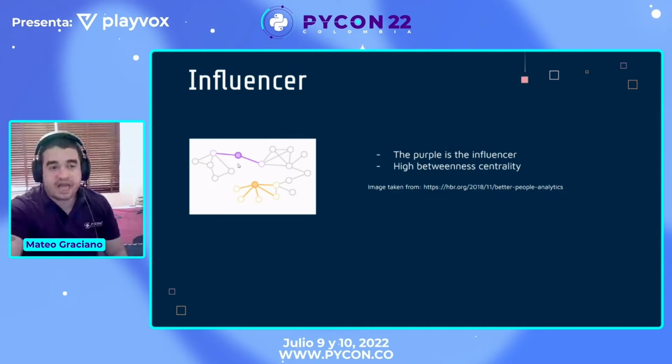But the purple one has two friends, and with only those two friends, he or she is able to reach a lot of people. He's able to reach all these people here through him.